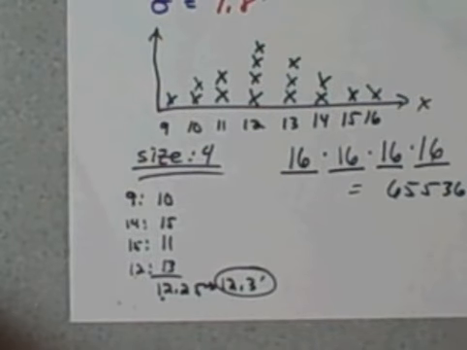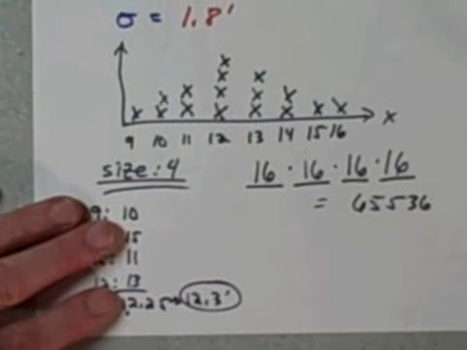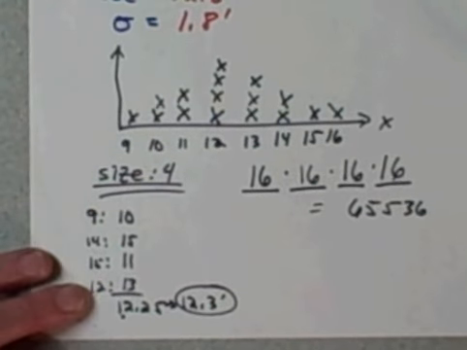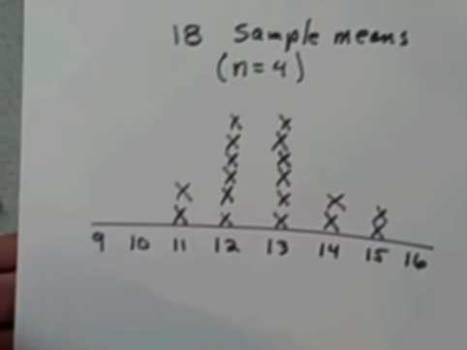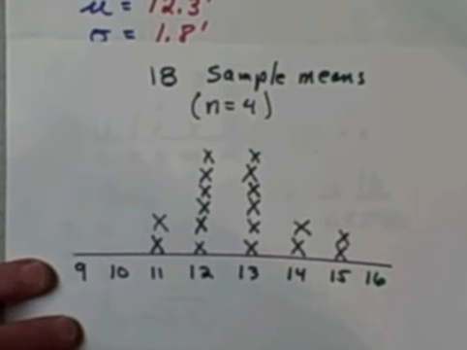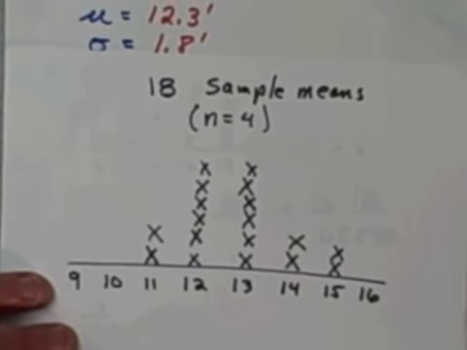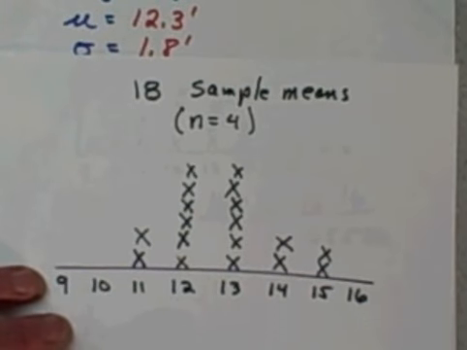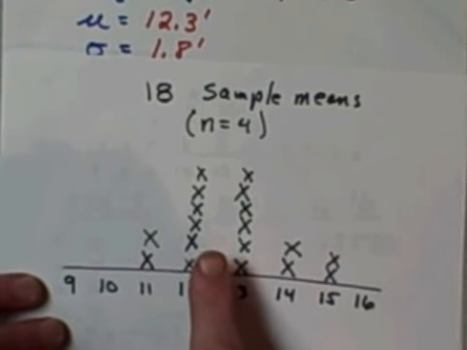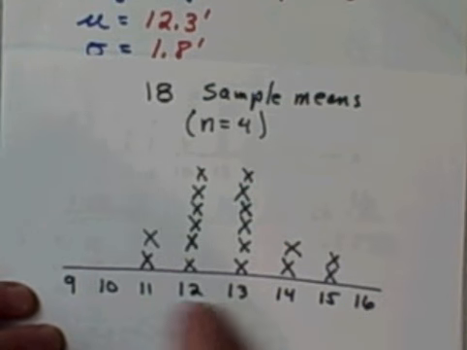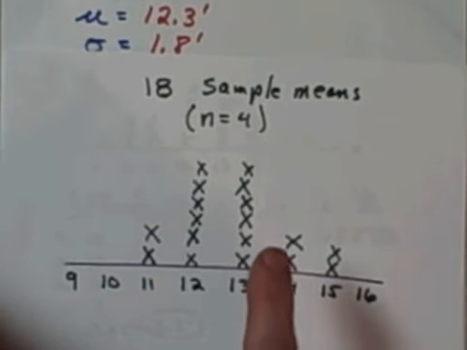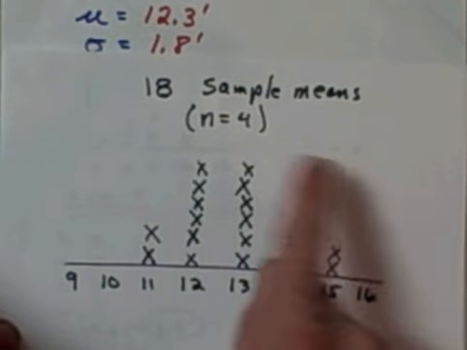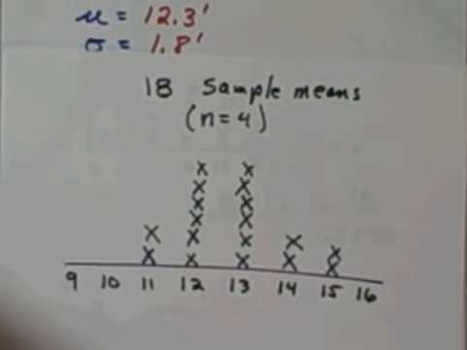In any case, when we take all this information and create another dot plot, or X plot if you want to call it that, here's what it looks like for the 18 samples. These were the means, rounded to the nearest whole foot, of the 18 sample means, where a sample was of size 4.